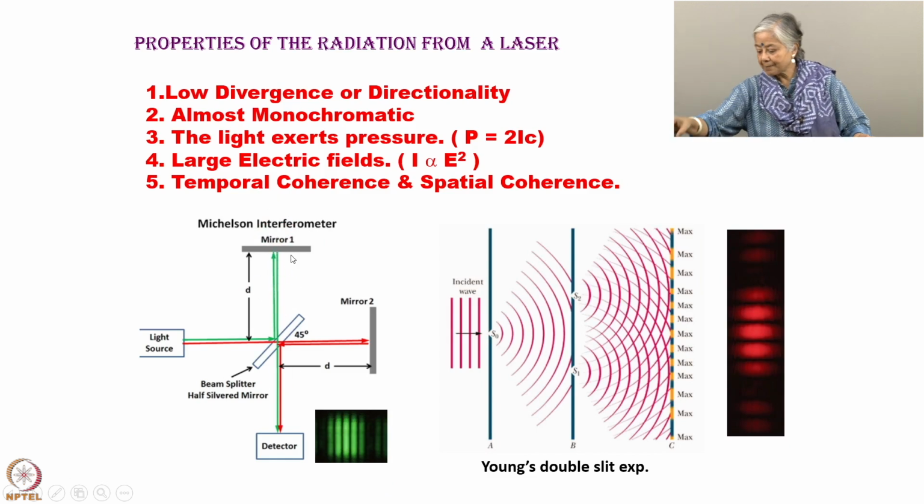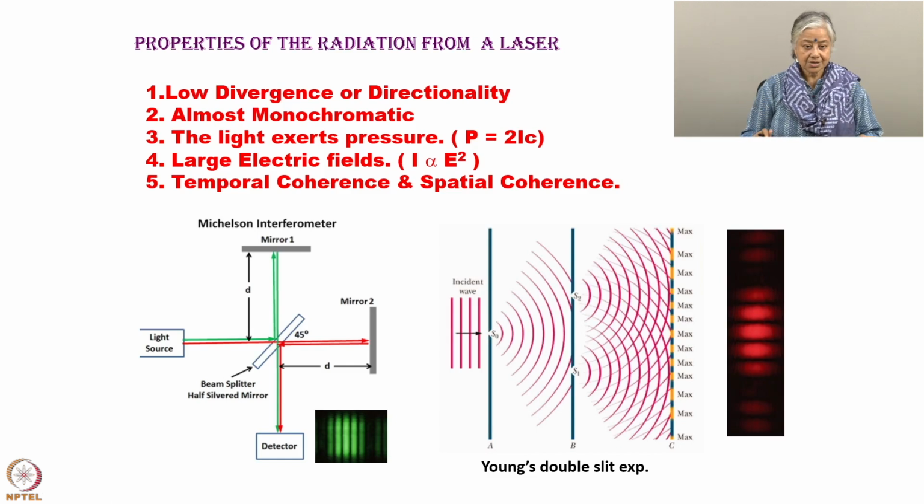This is what will describe temporal coherence. Why does it go off and come back? That is because the photon or the light is not temporally coherent. It is not temporally coherent in this following way. Suppose I have a train of light.